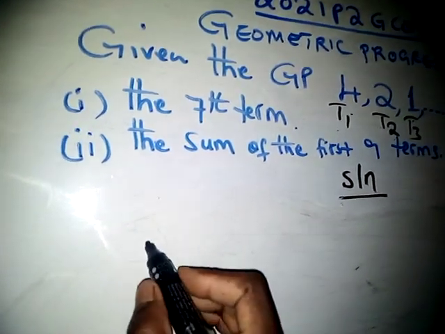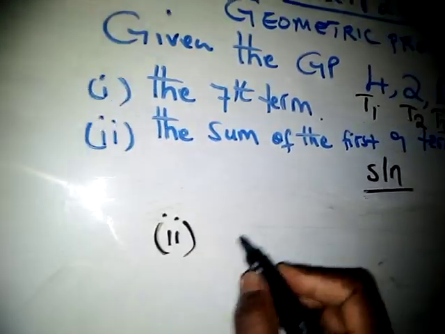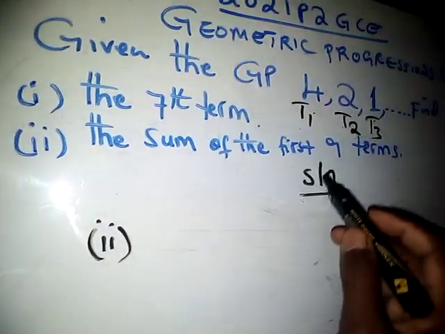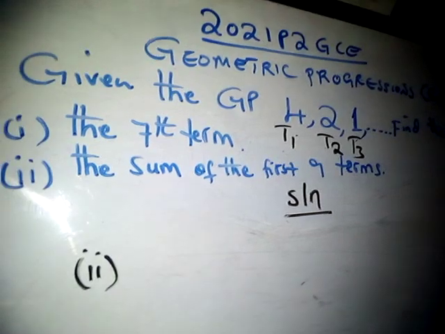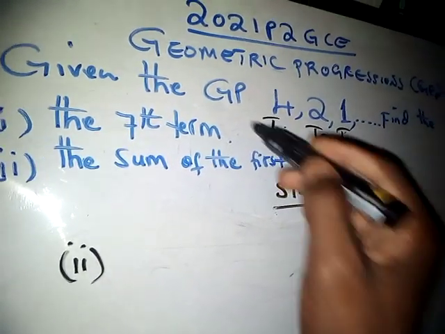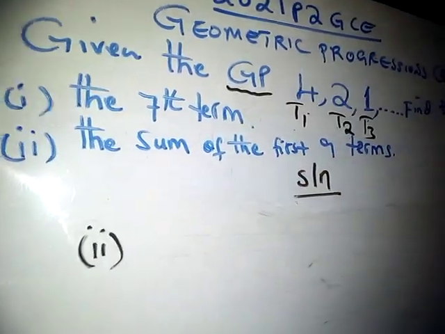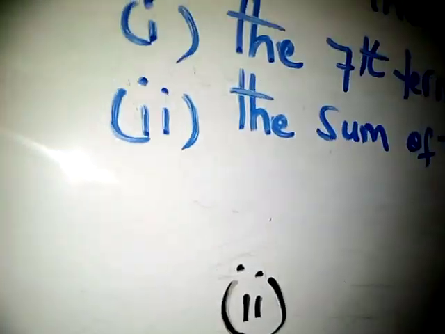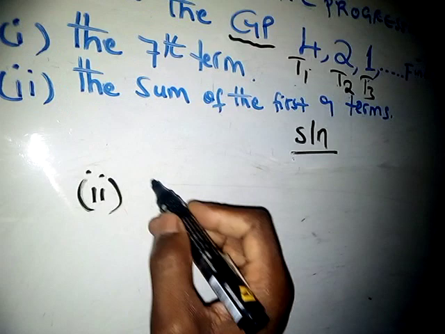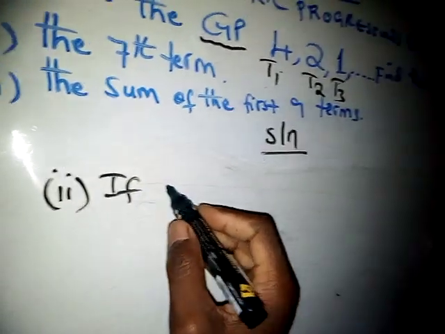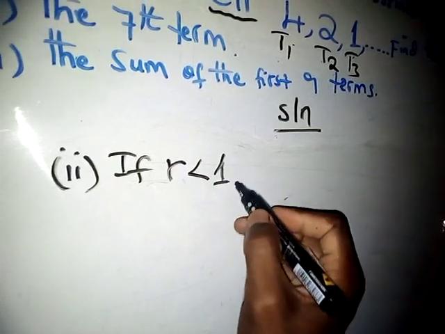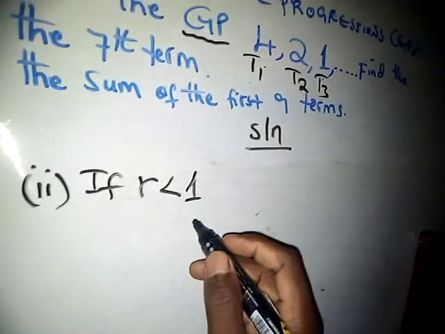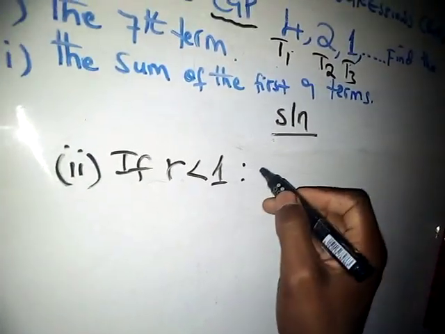The second question requires that we find the sum of the first 9 terms. Now remember, the formulas for the sum of the first 9 terms of this particular GP are dependent on the value of R. So if the value of R is less than 1, the formula will be as follows.